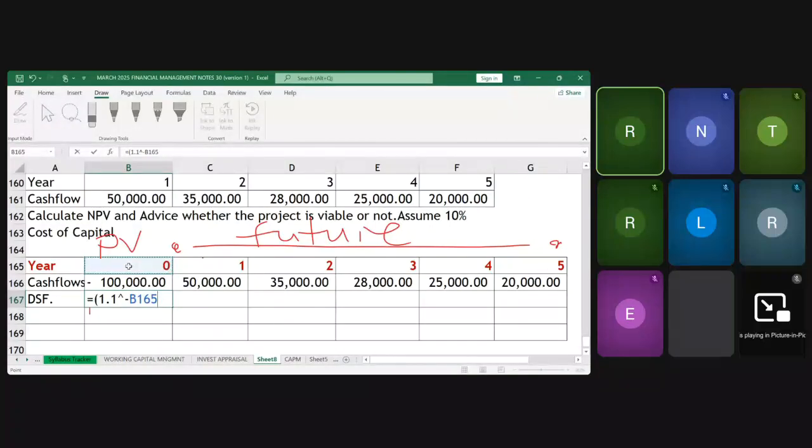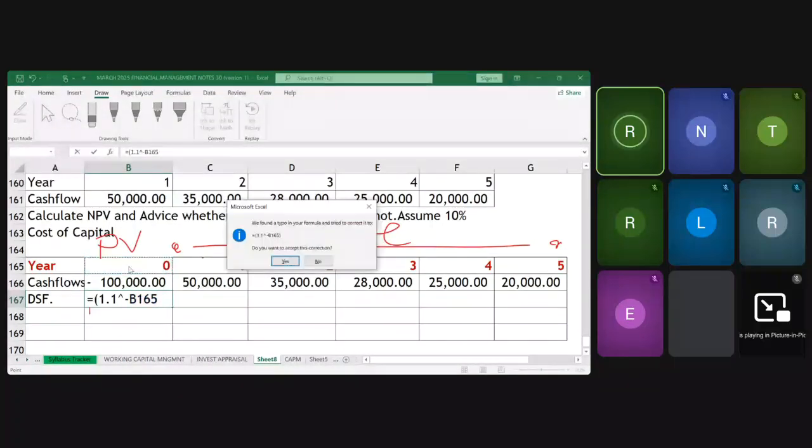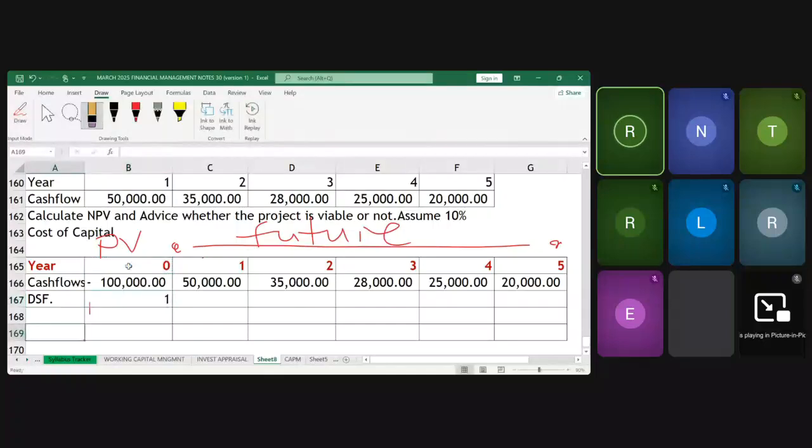If you click on year zero and press enter, you'll see that the discount factor for year zero is always 1. If you use the discount or the present value table, you will realize that there is no discount factor for year zero. The assumption is that you can't discount something that you already have. That's why the discount factor is 1 there.